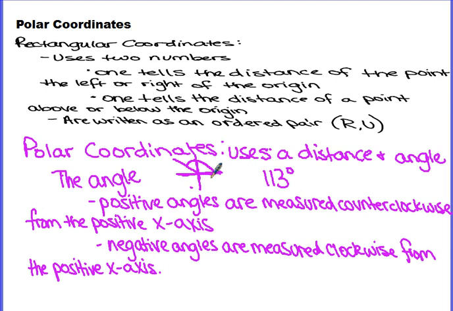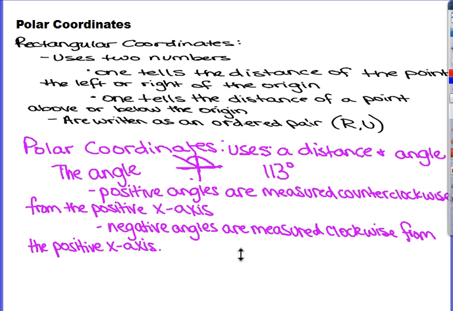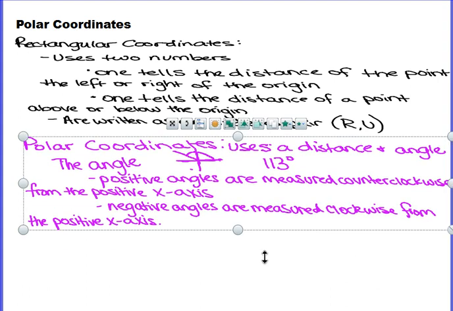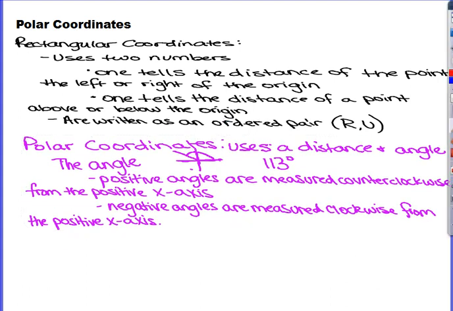What we're going to be dealing with primarily is positive angles. We'll get to negative angles a little while later. All right, so that is about the angle. Let's talk about the distance. The distance is a directed distance.